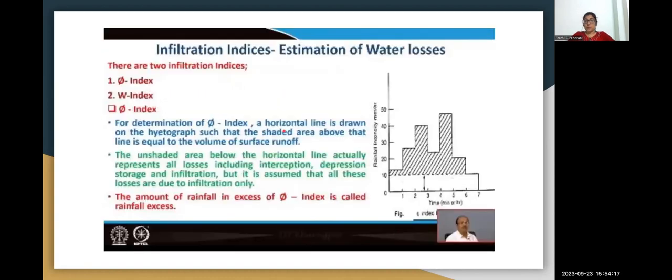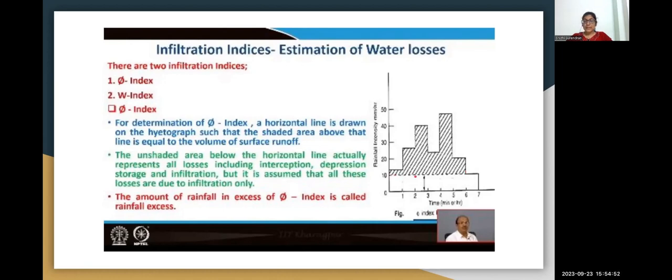So here we are talking about phi index and W index. Phi index and W index are infiltration indices that are used for estimating the water loss which is occurring as a result of infiltration. So according to the phi index, if you see here, what is given is a rainfall hyetograph, which is the plot of rainfall intensity versus time. A line is drawn here. According to the phi index, this value of the rainfall intensity is called the phi index.